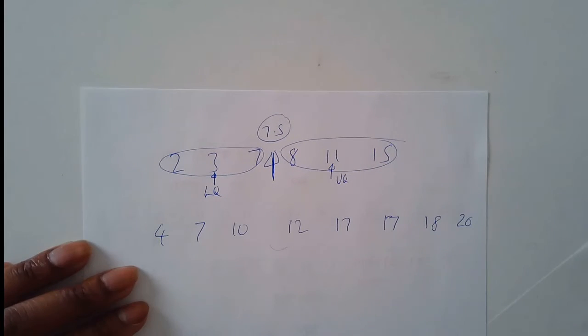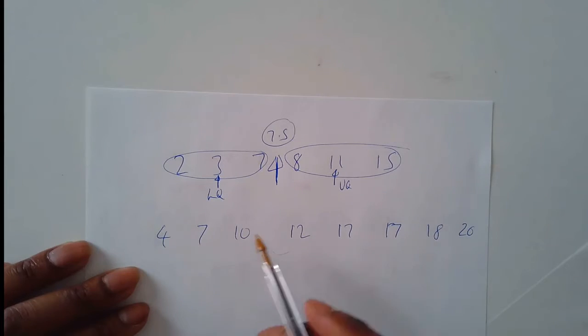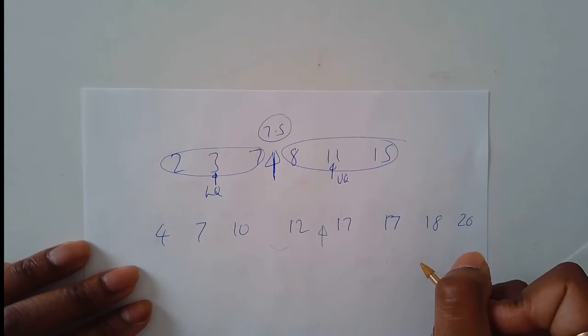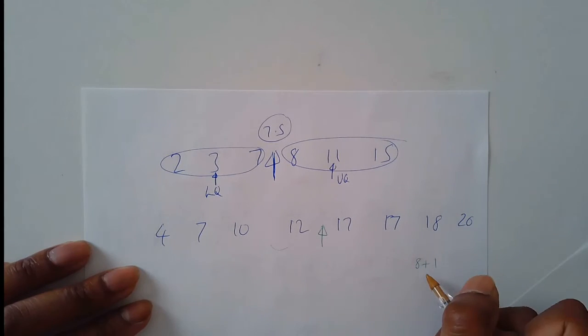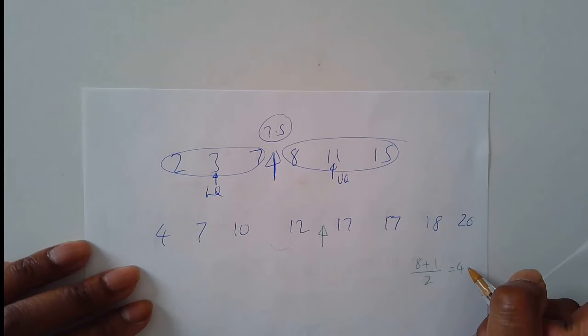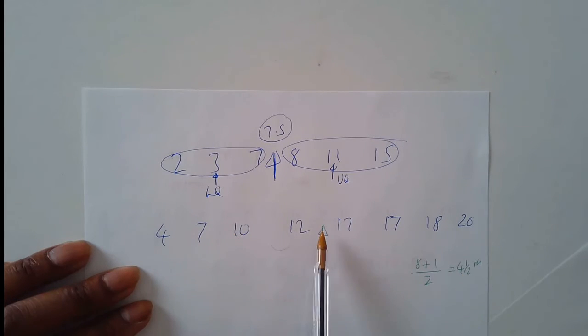Now what about this one here? Well, the middle is right there. Well, if you can do this, 1, 2, 3, 4, 5, 6, 7, 8. Add 1 as usual, and then half it. 9 divided by 2 is 4.5. So you're looking for 4.5 position. First, second, third, fourth. 4.5 position is right here. So you're looking for the number that's between 12 and 17.